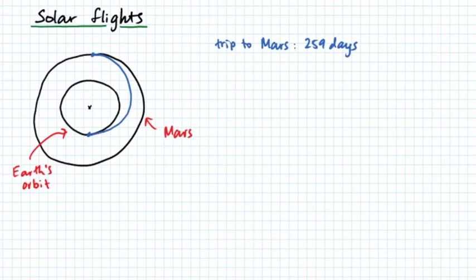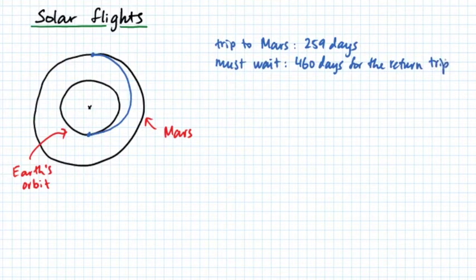Next, you would have to wait about 460 days for the return trip. And then the trip back to the Earth would take the same amount, about 260 days. So the total is 2.7 years for out and back mission.